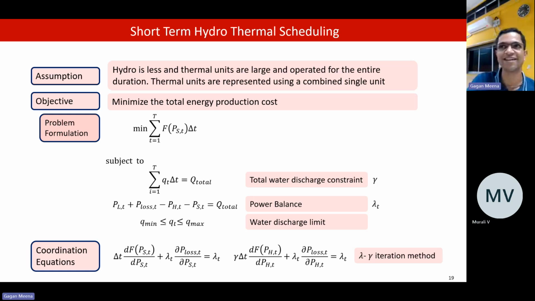There are other constraints also. It's on the Krishna River, a tributary of Krishna, and Maharashtra and Karnataka share this river. So they have the Krishna Water Treaty, because of which they need to release a certain amount of water for Karnataka.